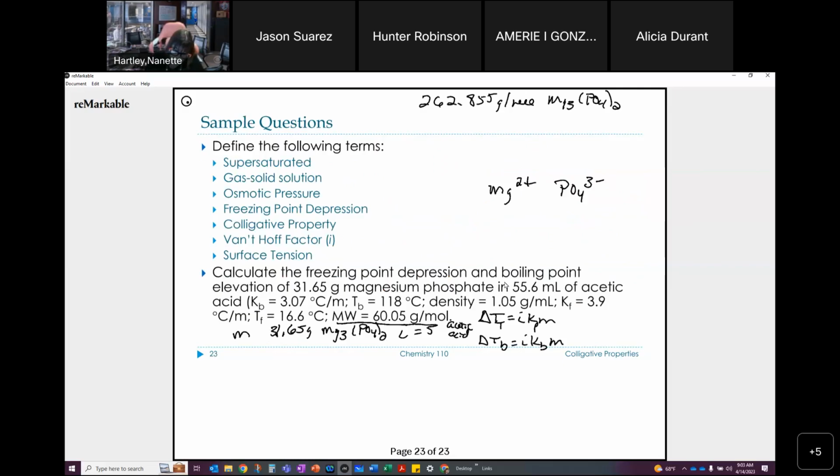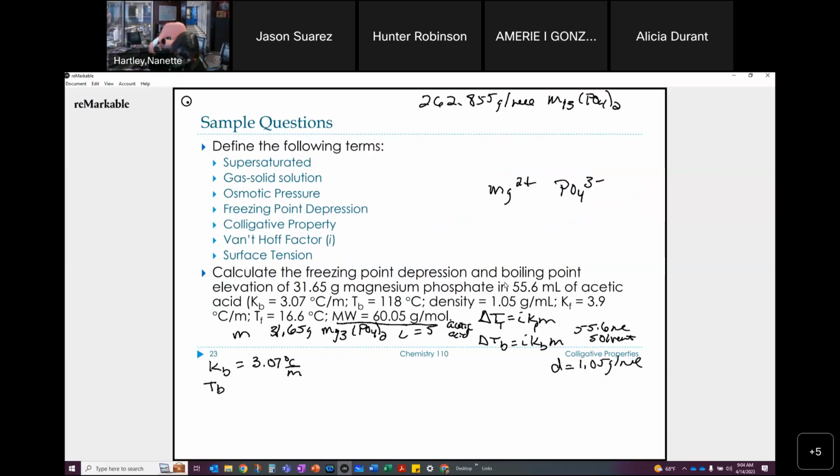Now, I know that there are 55.6 milliliters of acetic acid. I know that the density is 1.05 grams per milliliter. I know that my Kb equals 3.07 degrees C per mol.